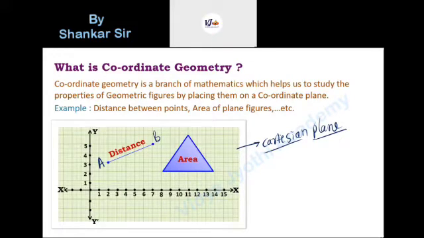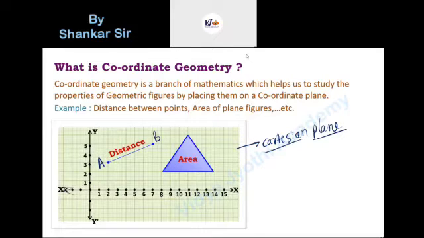Normally most names are given after great mathematicians. Cartesian found this coordinate system, so it is named in memory of him. He found how to represent a point using the x and y axes. This is the x axis and this is the y axis. This side is positive x and this is positive y axis. The horizontal line to the left is negative x axis and this is negative y axis.